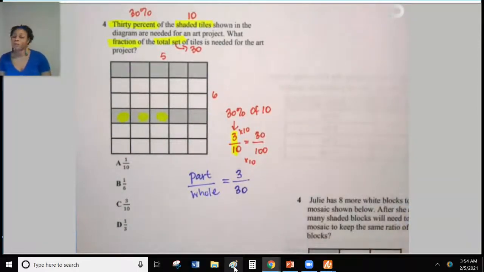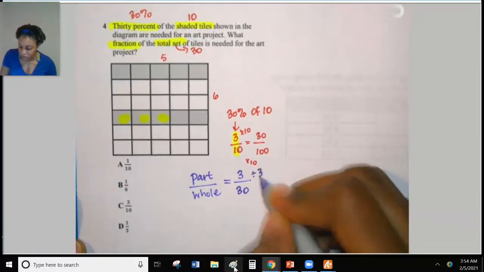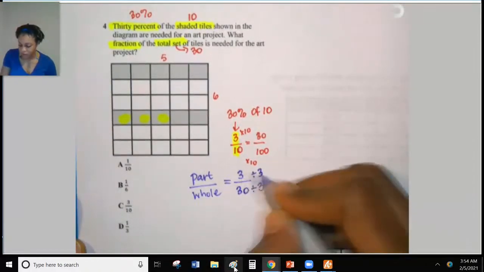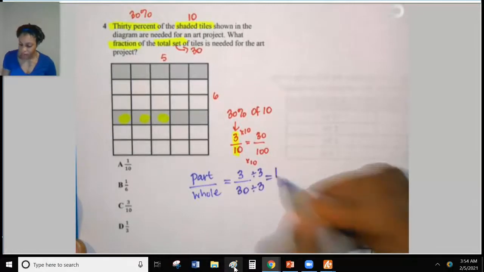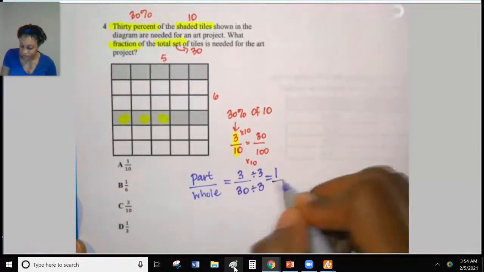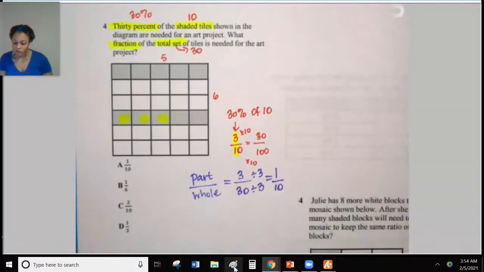Remember, anytime there's an opportunity to simplify it, we want to simplify it. So 3 and 30, I know, can be simplified by 3. That's the GCF. 3 divided by 3 will give me 1. And 30 divided by 3 will give me 10. So what fraction of the total set of tiles is needed for the art project? That would be 1/10.